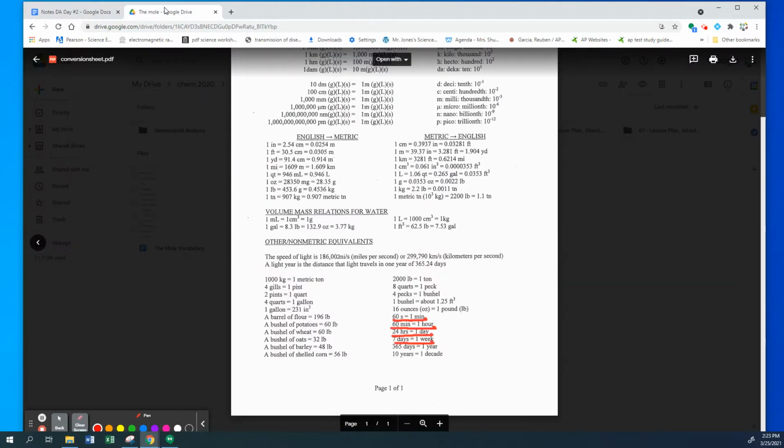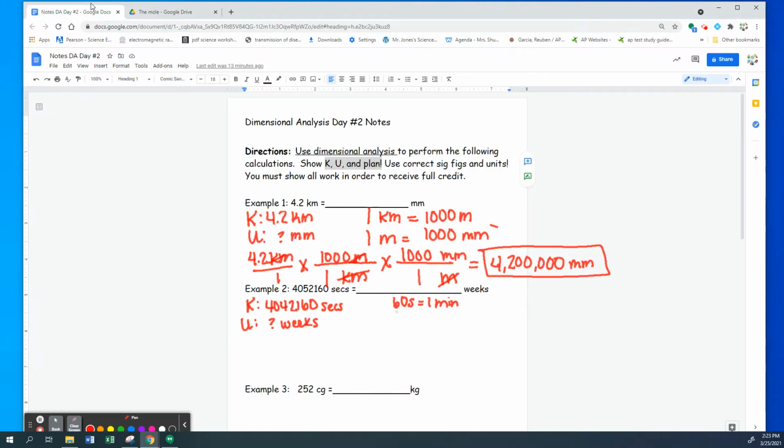Our next one is 60 minutes equals 1 hour. Next we have 24 hours equals 1 day. And finally, 7 days equal 1 week.